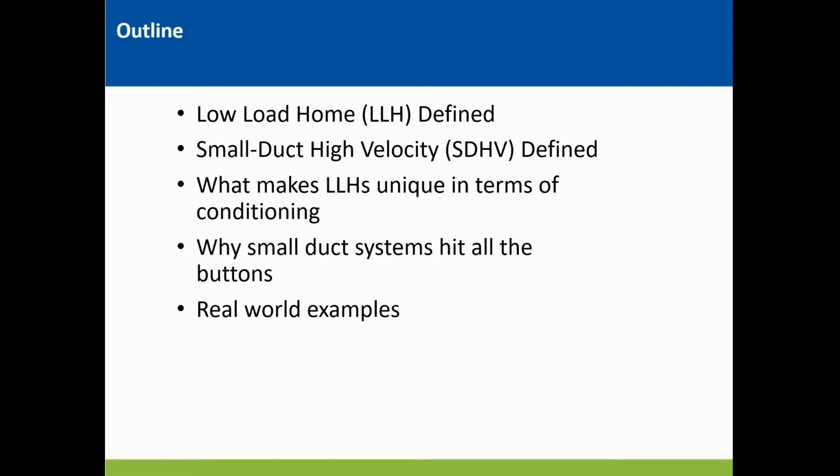There's an official definition for SDHV. Then we're going to discuss what makes a low load home unique in terms of sizing and selection, how it's different than a typical residential application, and why small duct systems are perfect for this application. Finally, we'll follow it up with a few real world examples where SDHV is used in low load homes.